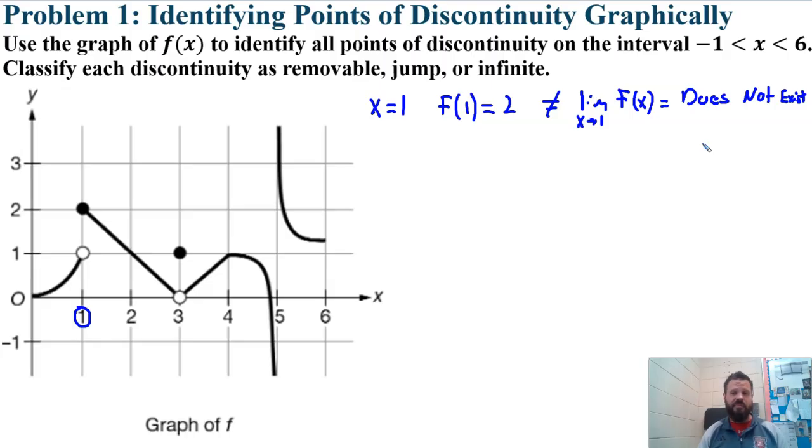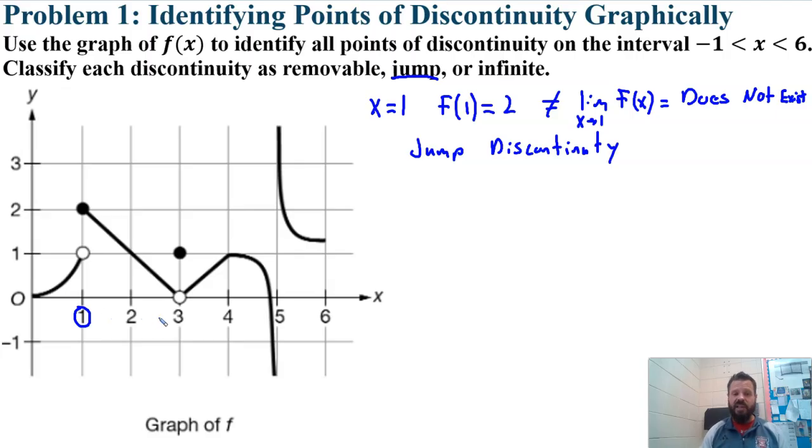So visually I had to lift my pencil, but as far as our formal definition goes, the value of the function is not the same as the limit. Now, as far as what type of discontinuity this would be, I'd say this one is a jump discontinuity because as I'm tracing along, I have to lift my pencil and jump up to another spot and keep tracing. So we're talking about a jump discontinuity.